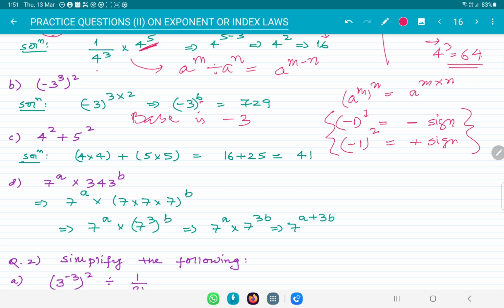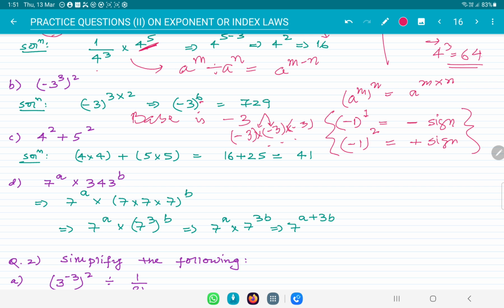Here we are seeing minus 3 raised to the power 6. So 6 is an even number. Just multiply minus 3 into minus 3 into minus 3, 6 times. Always put it in brackets because here two operations are coming: multiplication as well as the negative sign.